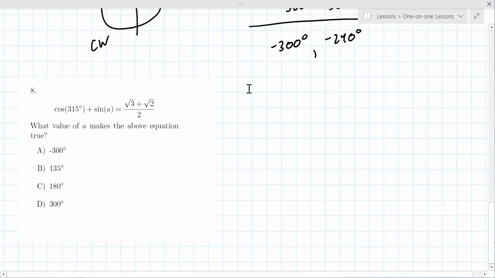All right, so give this one a try on your own. Spend about a minute or two and see if you can figure it out.